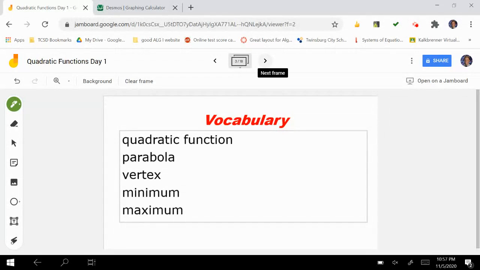Quadratic function, ax squared plus bx plus c is standard form, right? We also talked vertex form. Parabola is the shape. Vertex is the highest or lowest point, the highest point being the maximum, the lowest point being the minimum. Minimum, A is positive. Maximum, A is negative. Boom, boom. Those two words right there.